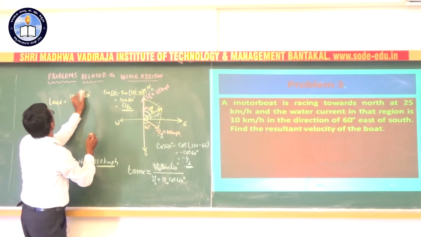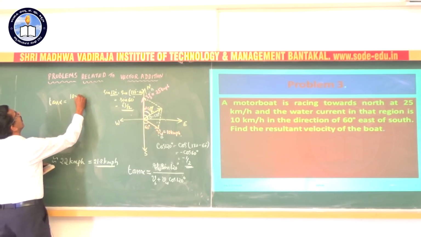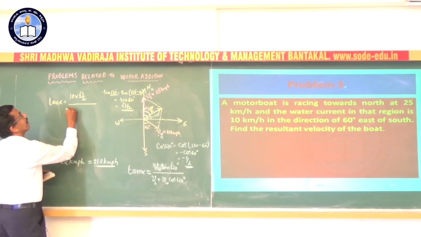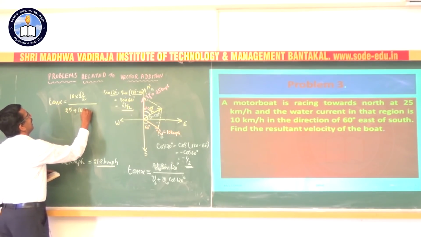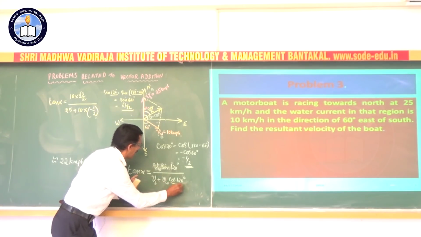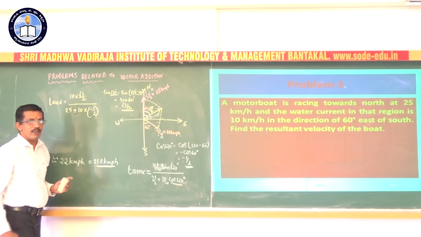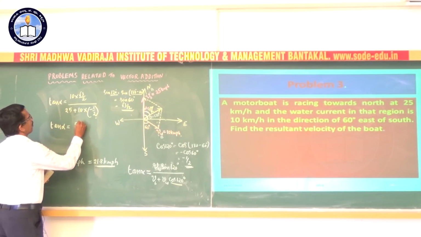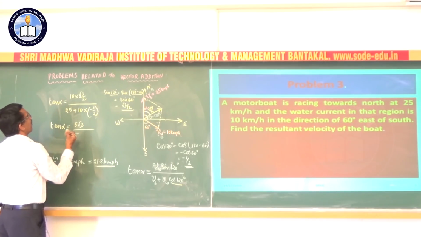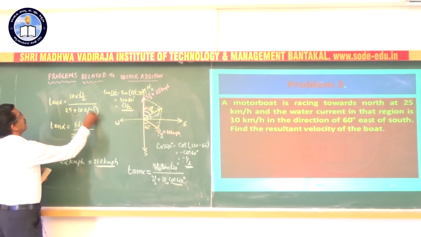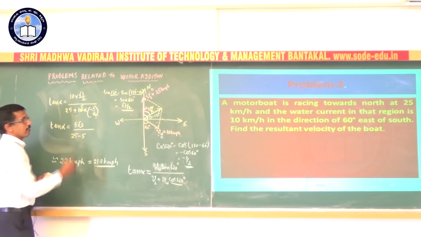So 10 sin 120, I will put the value root 3 by 2, divided by VB 25 plus 10 into cos 120, which we already know is minus half. So tan alpha works out to be 5 root 3, because 10 by 2 is 5, divided by 25 minus 5, because 2 ones are 2, 5 into minus 1 is minus 5.